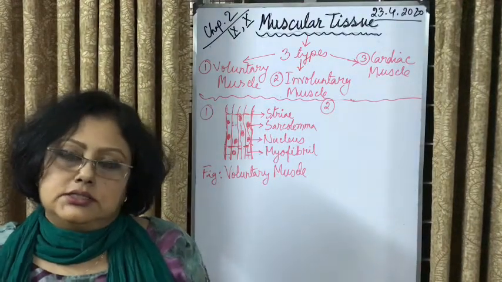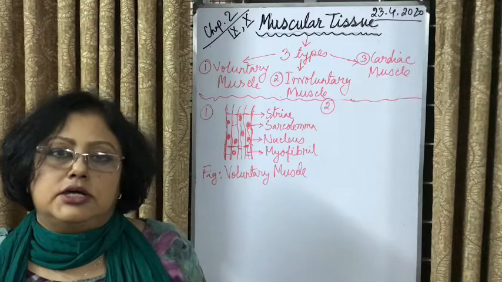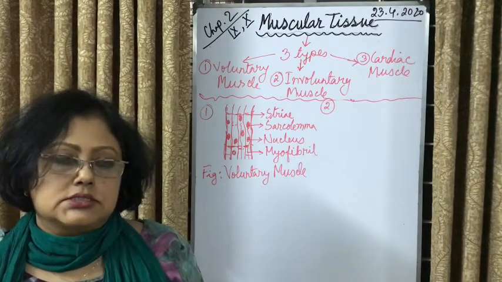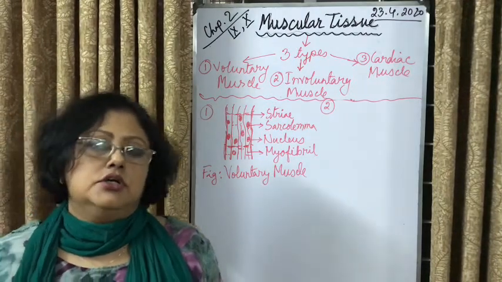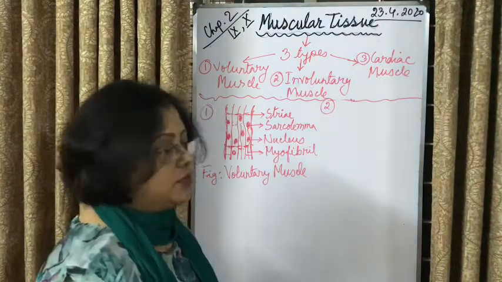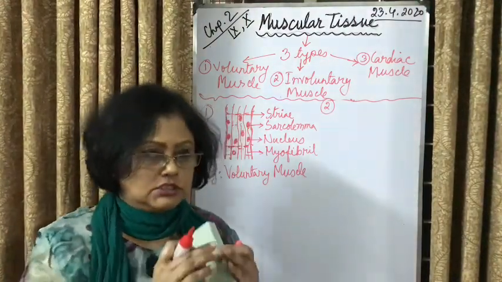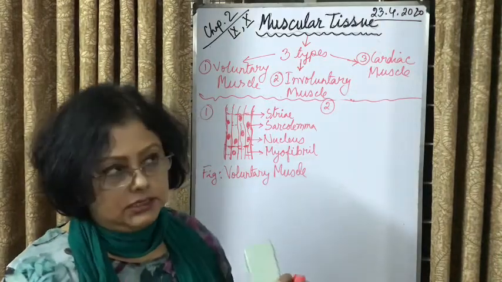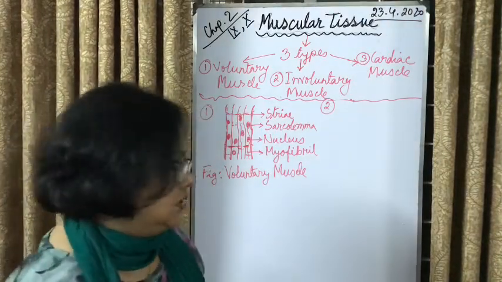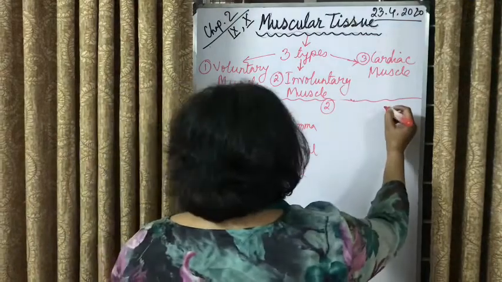There is no control of ours over the movement of these kinds of muscles, and they are called involuntary muscles or smooth muscles. What is the shape of it? Each of the cells is spindle-like. What is spindle? The middle part of the cell is wider and the ends are pointed. So just like this.